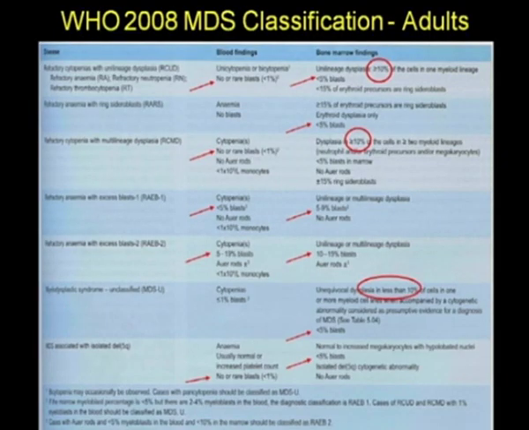And this is the classification, and I have highlighted in red all the points in the list of these subtypes of disease where accuracy is required in the enumeration of the cells. You see that we have numbers such as less than 1%, and again 5 to 9%, less than 5%.